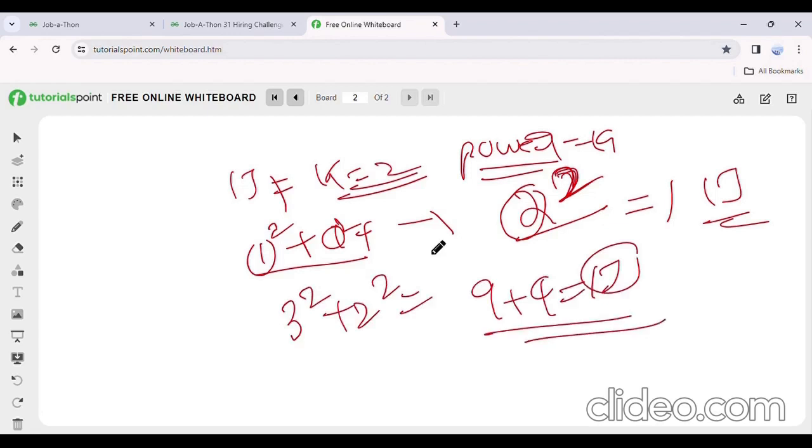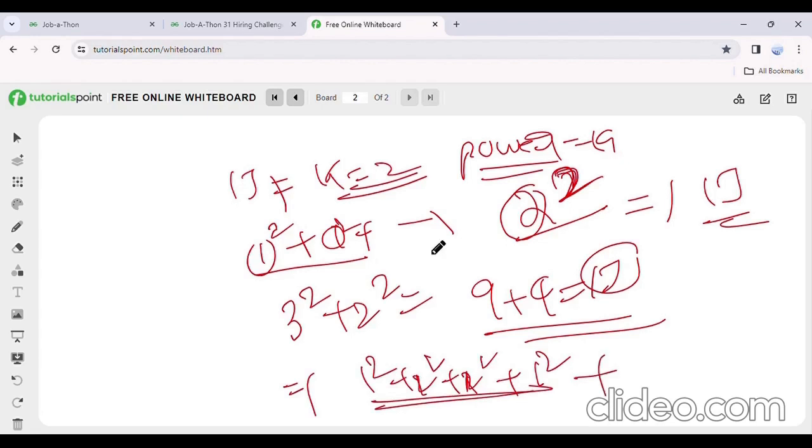And we can write other ways too, like 1 square four times and then 3 square, right?